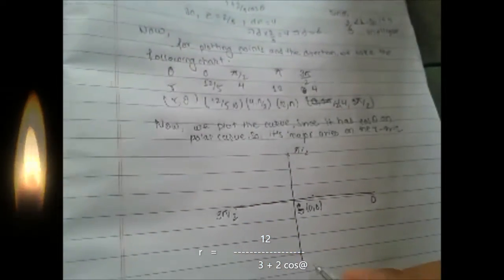We have the focus at 0, 0, let this be focus 1, S at 0, 0. This is 0, this is pi by 2, this is pi, and this is 3 pi by 2.